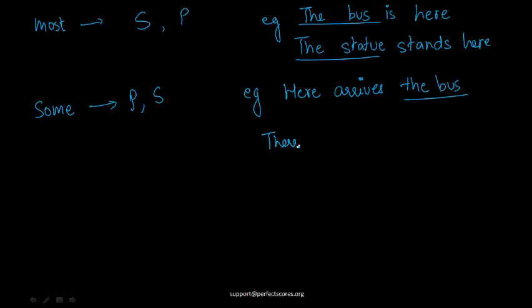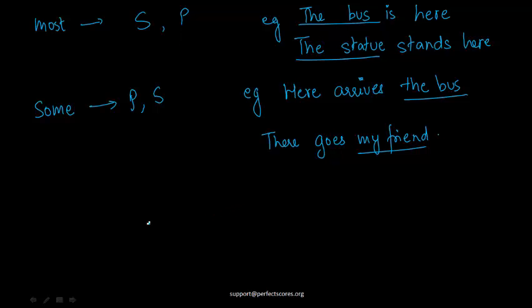Or there goes my friend. The topic of the sentence, the subject, is friend, and it is present after the predicate. So this isn't wrong, it's correct. You can have the subject before the predicate or after the predicate. The only condition for the sentence to be correct is that it should have both the subject and the predicate.